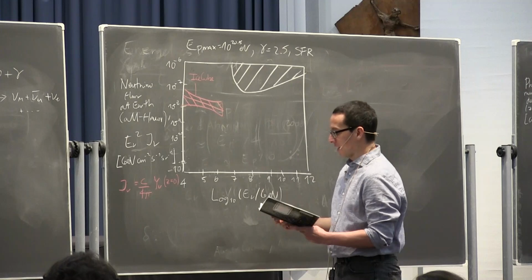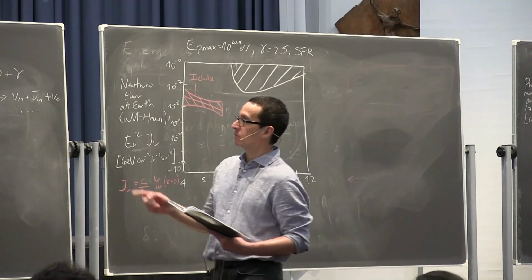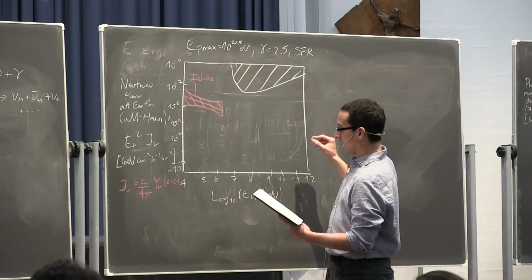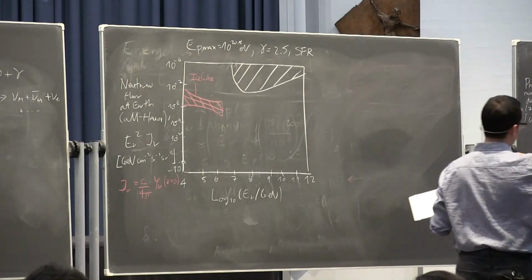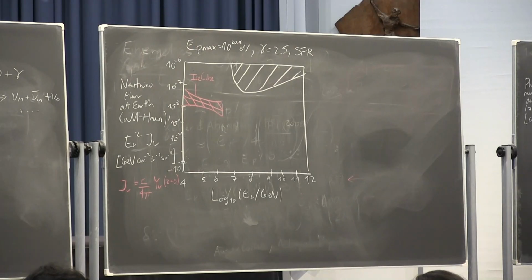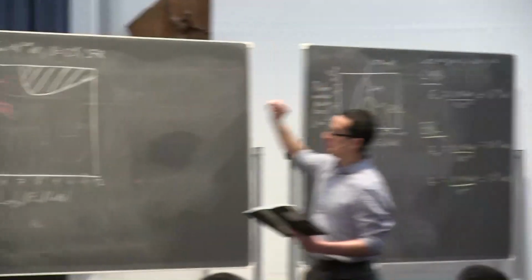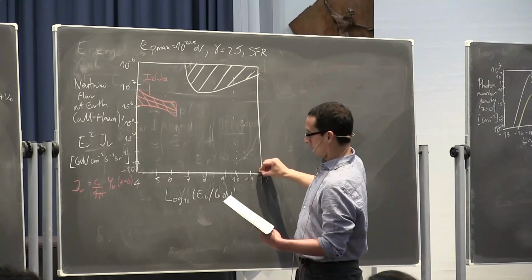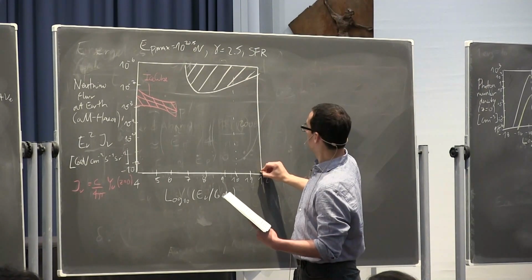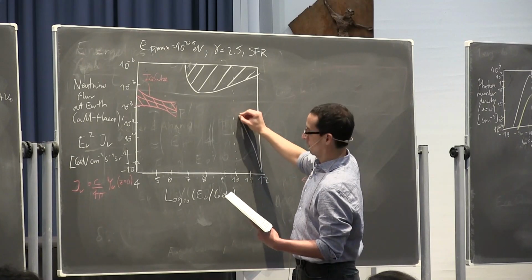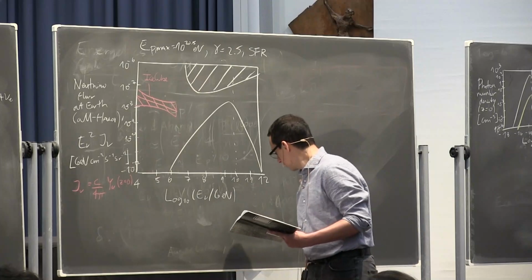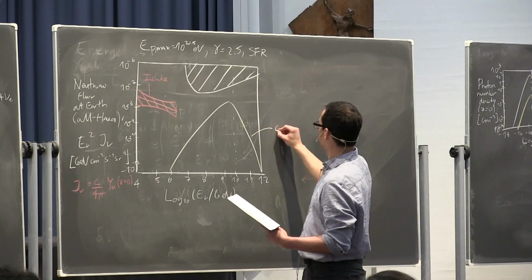The first thing we find then is what comes from the protons interacting with the CMB photons, and that spectrum will have a peak at the energies that we calculated here, 10 to the 10. So over here, and it will look kind of like this. So this is interactions in the CMB.